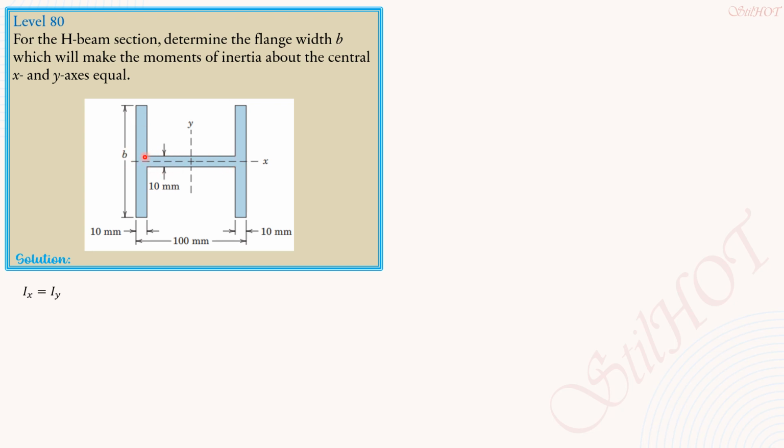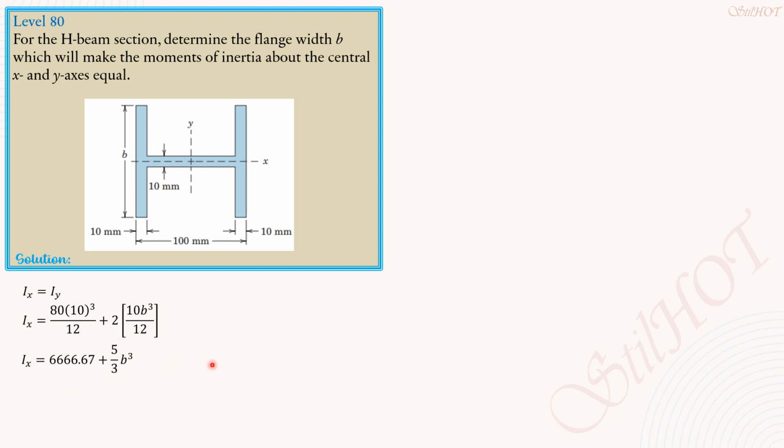And for these two, with respect to this x-axis, it's also the centroidal axis, so 2 times 10 b cube, height is b, so b cube over 12. So Ix equals 80 times 10 cube over 12 plus 2 times quantity 10 times b cube over 12. Simplifying, Ix equals 6666.67 mm to the fourth plus 5/3 b cube mm to the fourth.